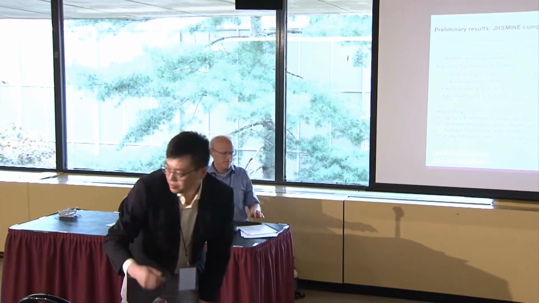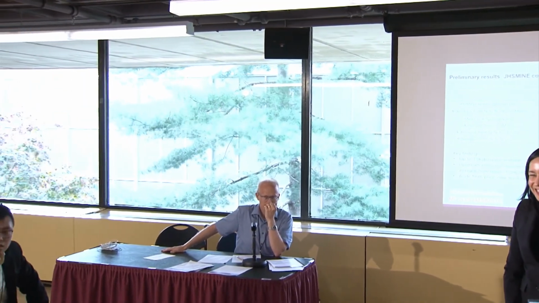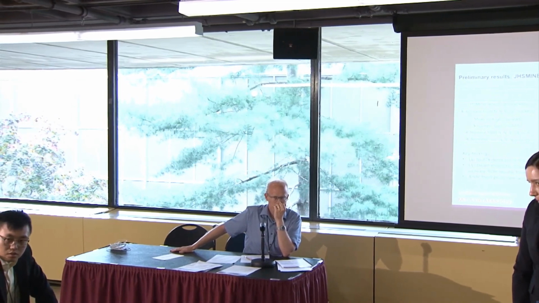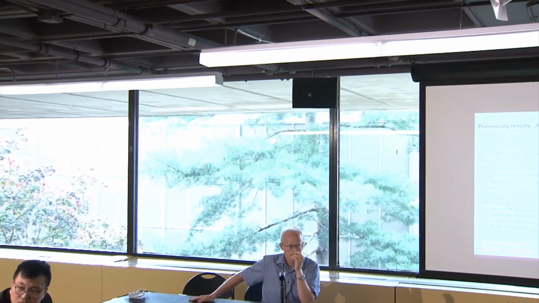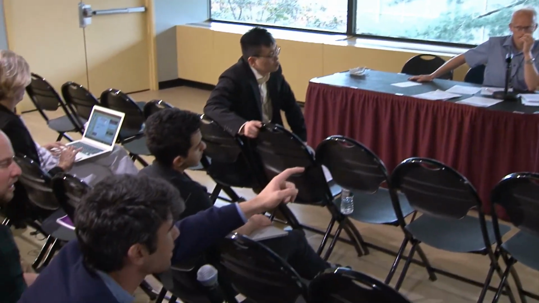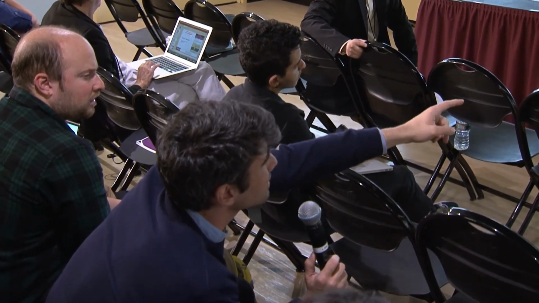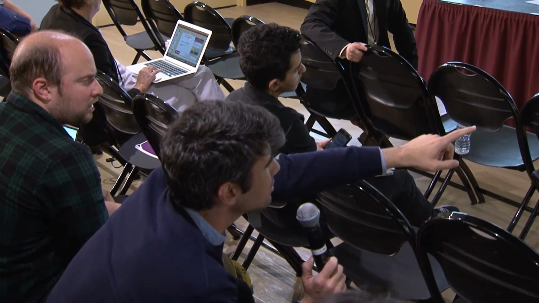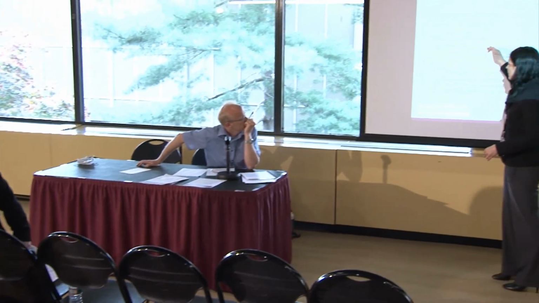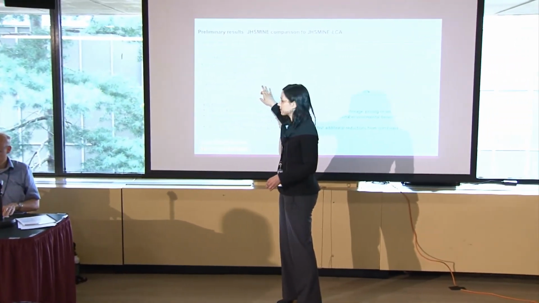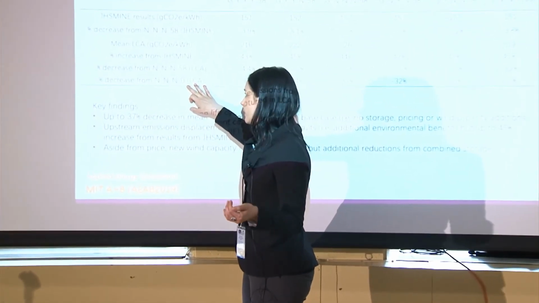Thanks. This one? Yeah. So, Paolo Gabrielli from ETH Zurich. The comparison between the case with and without life cycle assessment is the second and the second to last lines. If you go to the second to last line, you have a decrease with respect to this scenario. Oh yeah, so this is actually the decrease from when you do nothing at the $58 carbon price, and this is a decrease from when you do nothing at a zero price.